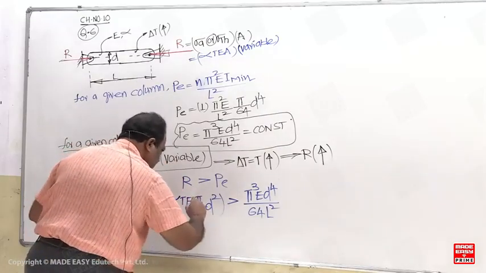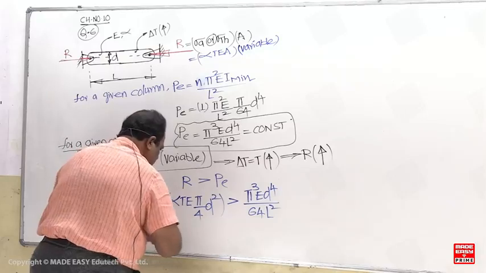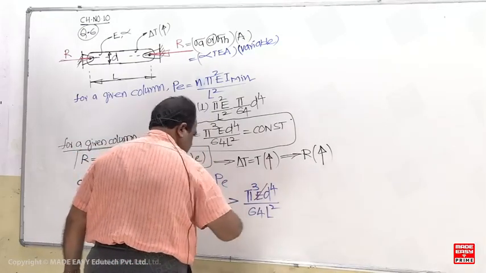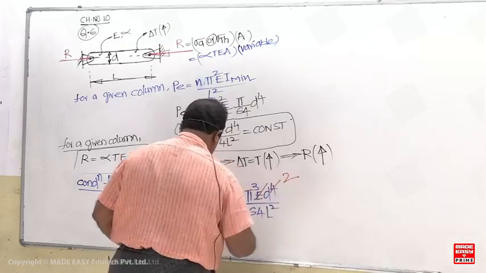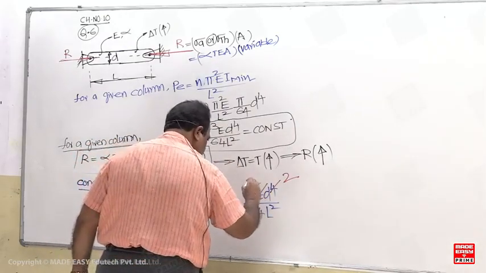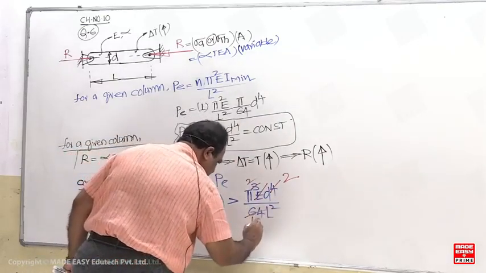Which terms will cancel out now? E will get cancelled out. D square will remain as D square. One pi will get cancelled out. Pi square remains, and 4 into 4 will become 16.